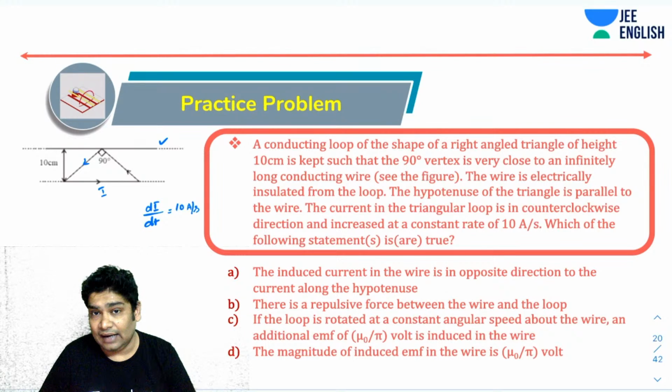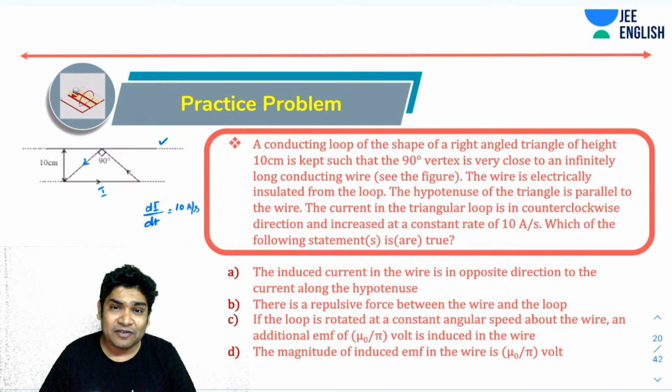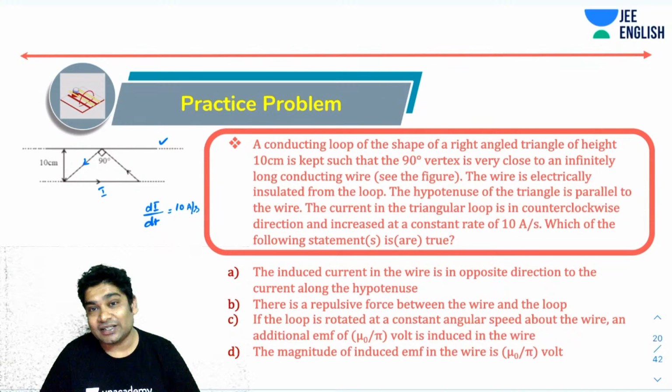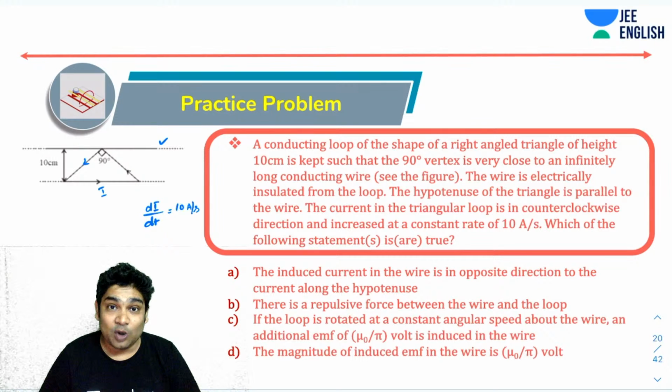Can flux be linked with an open wire? Think about it. Fluxes are usually linked with closed loops, right? So how am I saying that there is some flux linked with the open wire and that is producing an EMF?